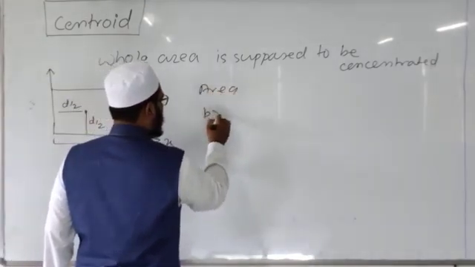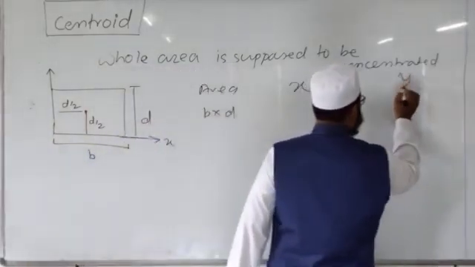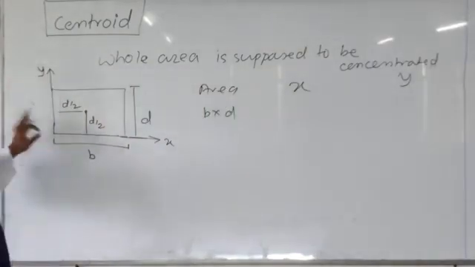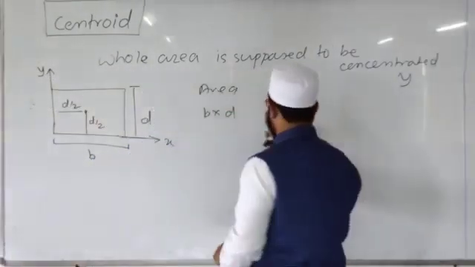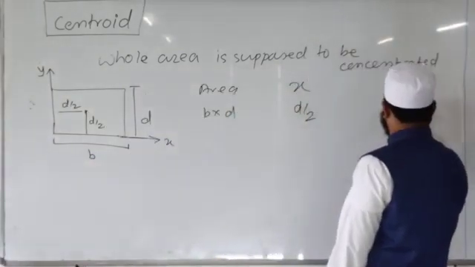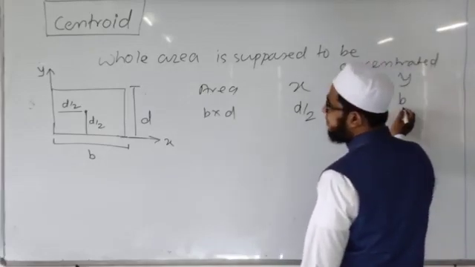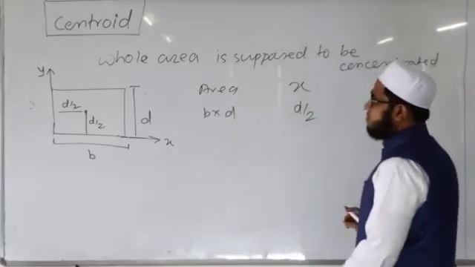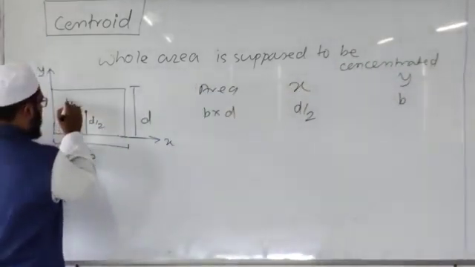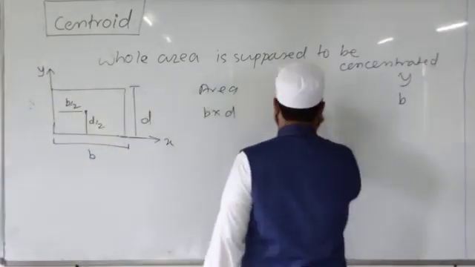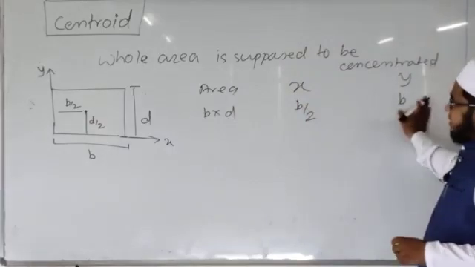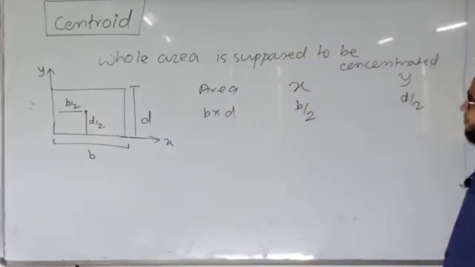Area is b into d, and the x and y coordinates refer to the axes x and y. x is the distance measured from the y axis, therefore it is b by 2, and y is the distance measured from the x axis, that's why it is d by 2.